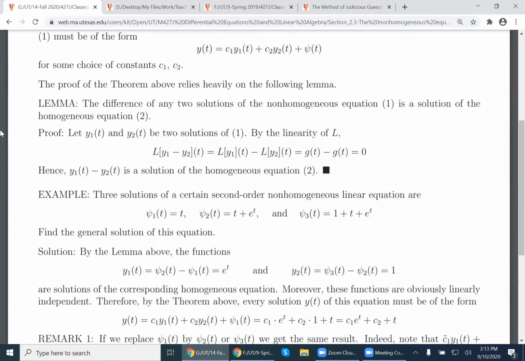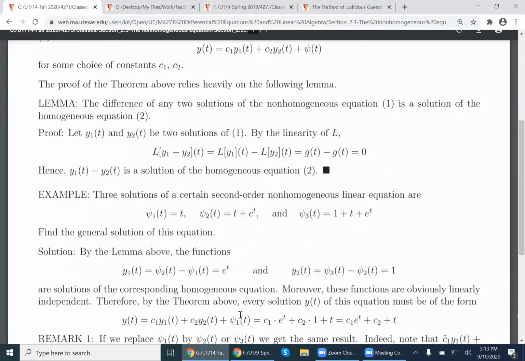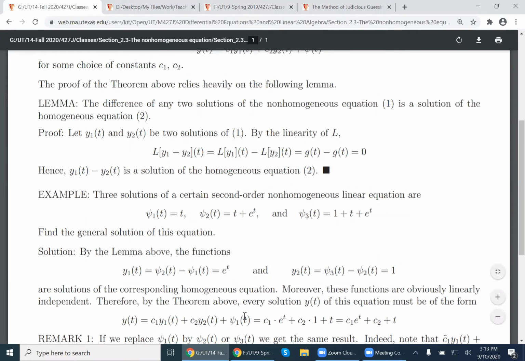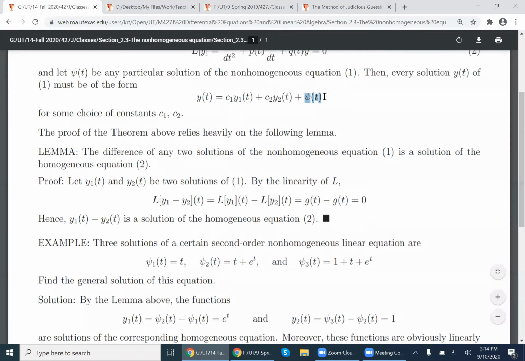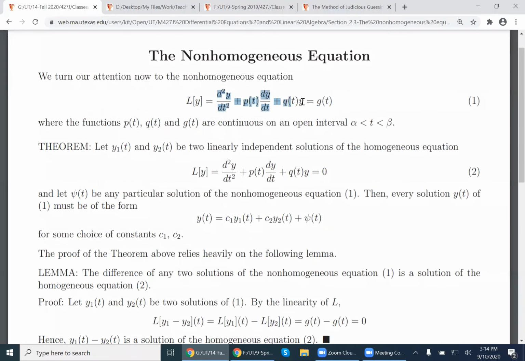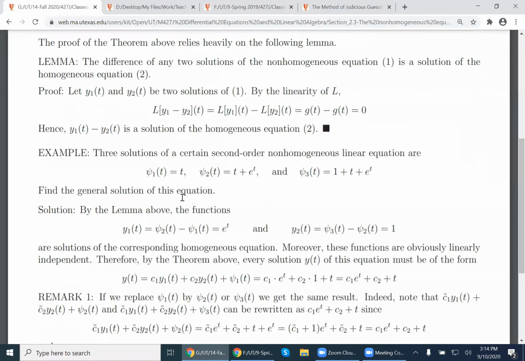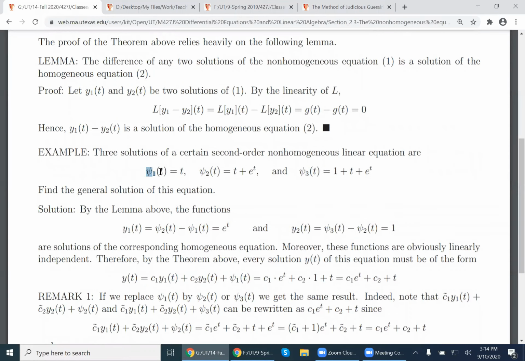So is the psi of t in the example we're doing not related to the psi of t in the equation at the top of the page? It is related. Here, psi of t is a particular solution of the non-homogeneous equation. Same thing, psi1 of t is a particular solution of the non-homogeneous equation.